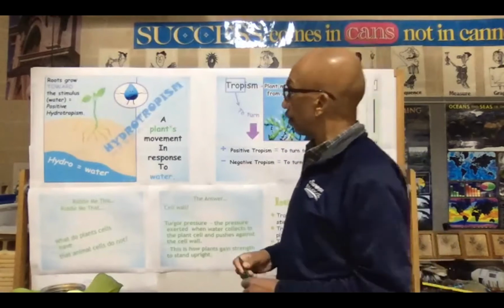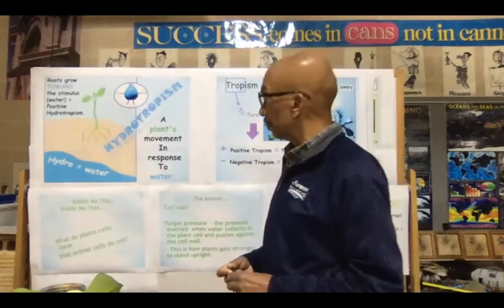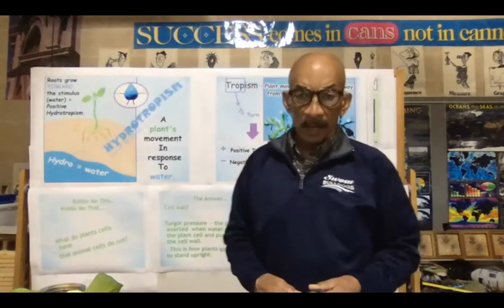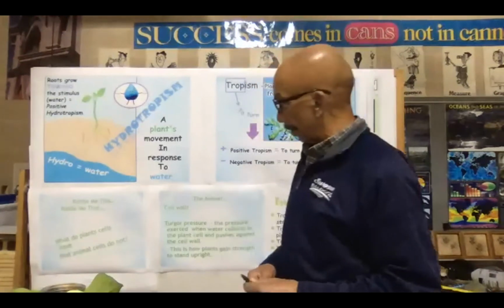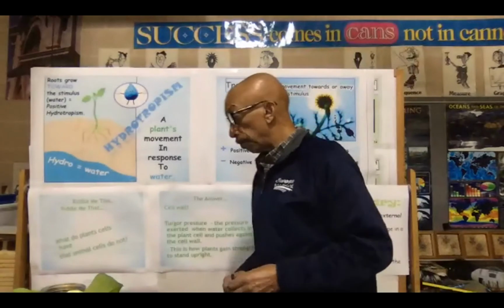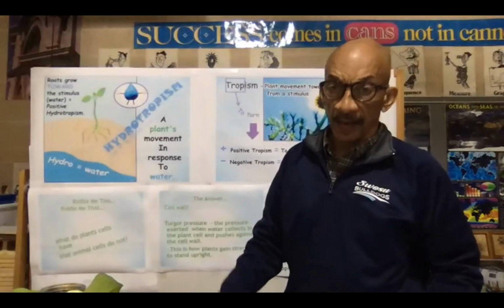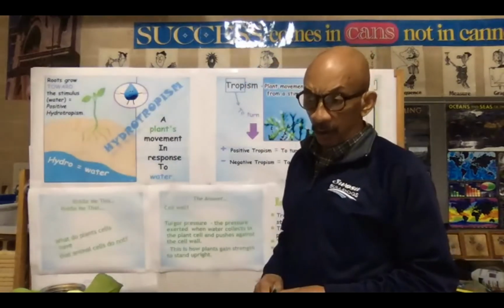We know the basic organs of a plant are the roots, the stem, and the leaves. Now, I have a little riddle. Riddle me this, riddle me that. What do plants have that animal cells do not? Well, basically, I'll tell you. The cells of a plant have cell walls.